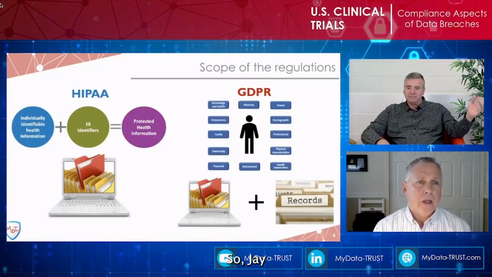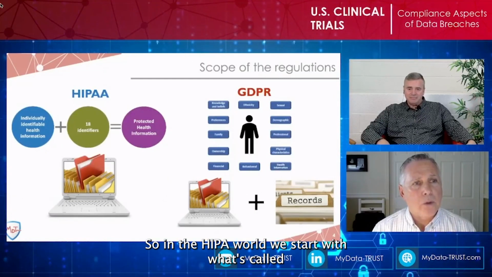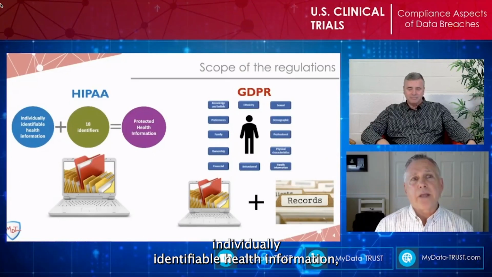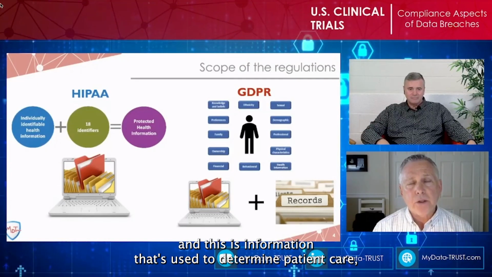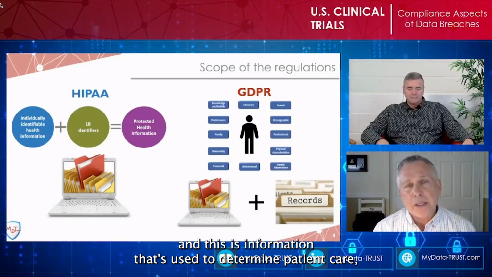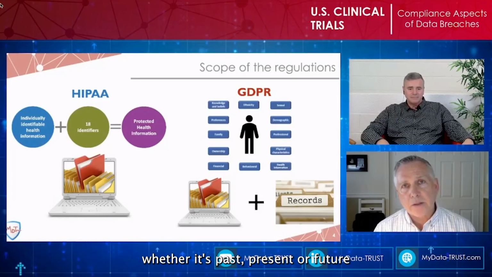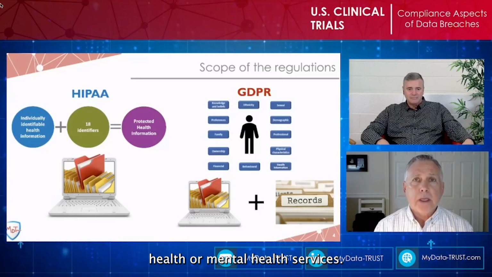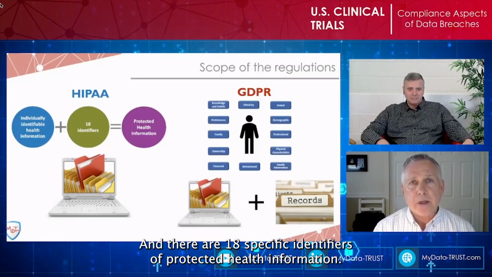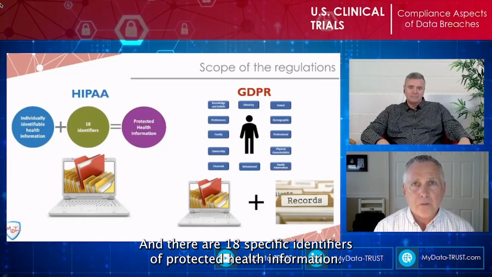So in the HIPAA world, we start with what's called individually identifiable health information. And this is information that's used to determine patient care, whether it's past, present, or future health or mental health services. And there are 18 specific identifiers of protected health information.